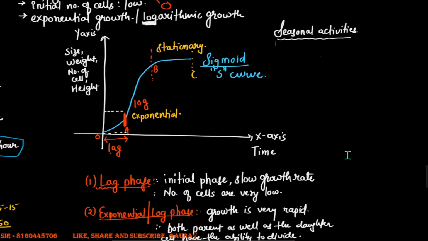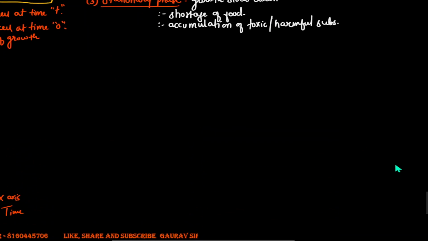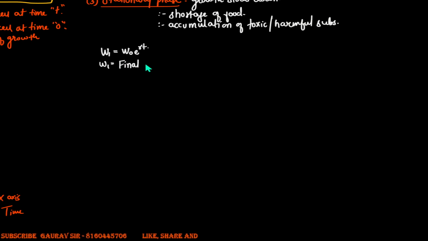And if I were to plot this mathematically, if I were to write the formula for this type of growth, I could write it as W1 equals W0 e power RT, right? Where W1 is the final size.